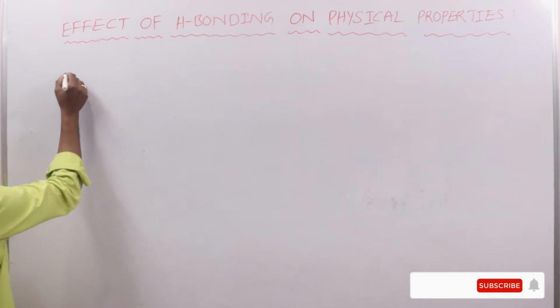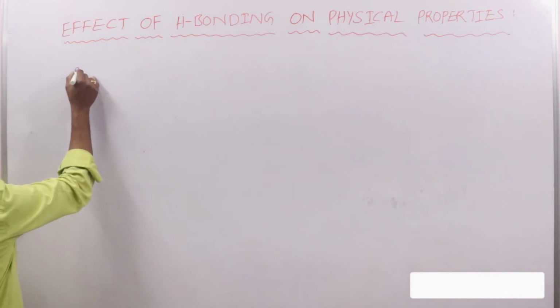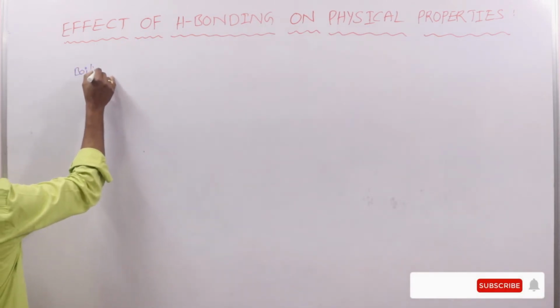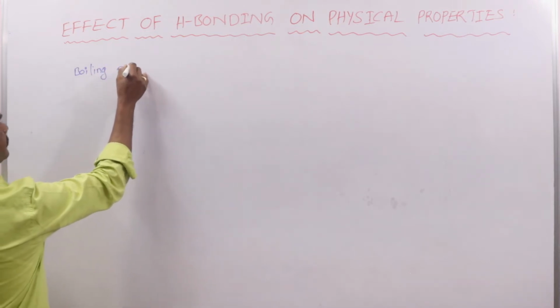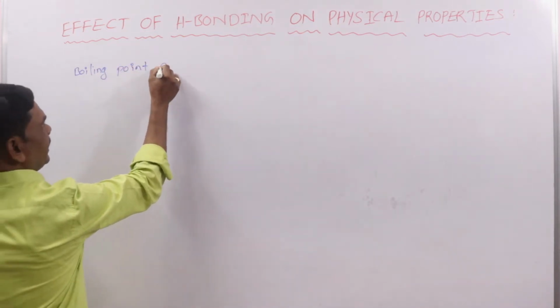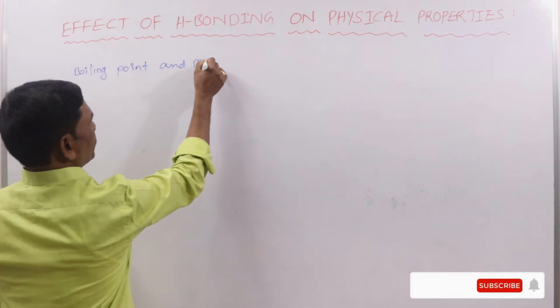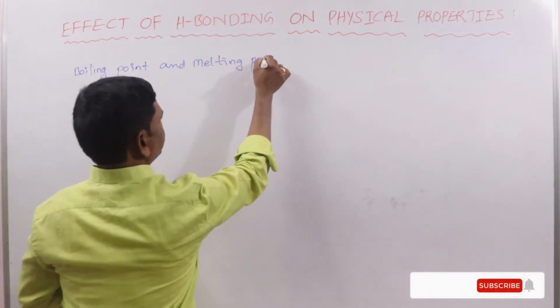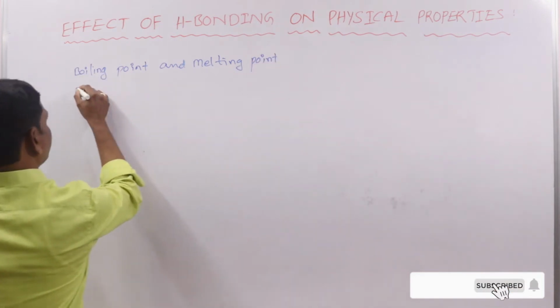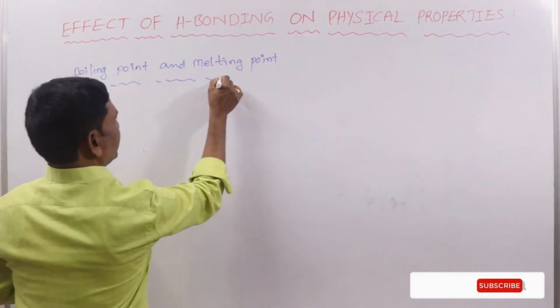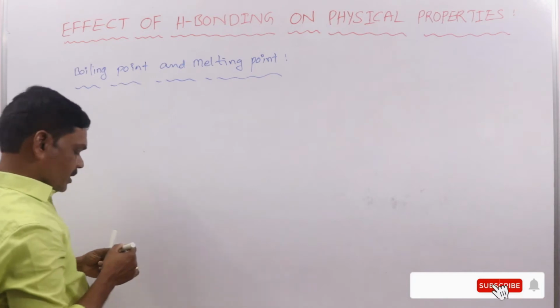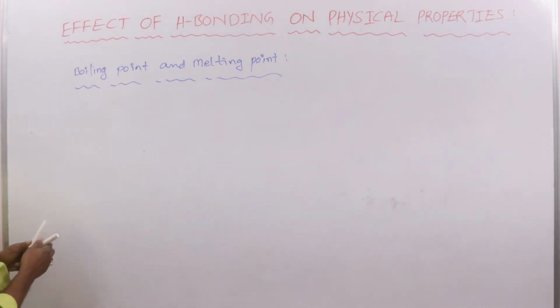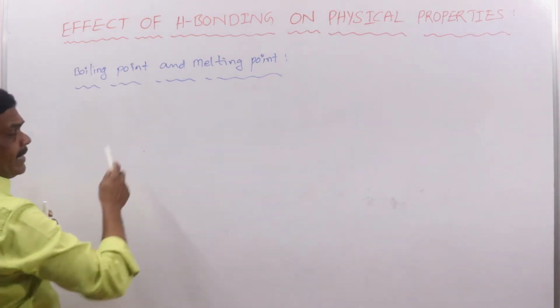First, boiling point and melting point. In general, for liquids we explain boiling point, and for solids we explain melting point.